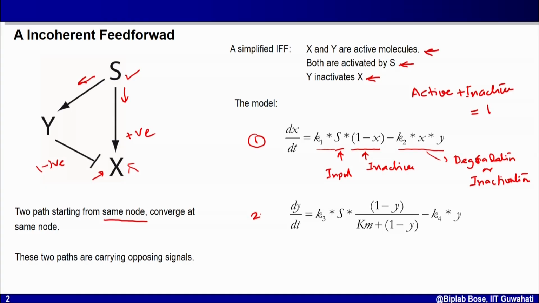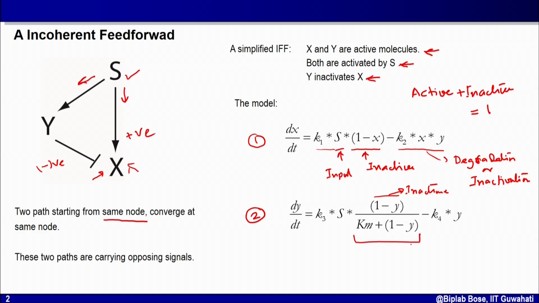The second ODE of my model is for y. So I have dy dt is equal to k3 into s into a term involving 1 minus y. 1 minus y is again the inactive y, just like 1 minus x was inactive x.